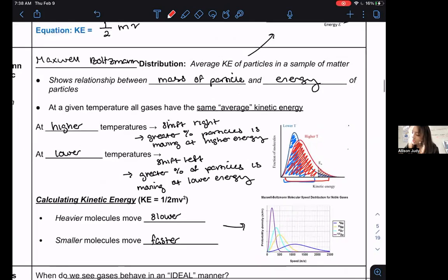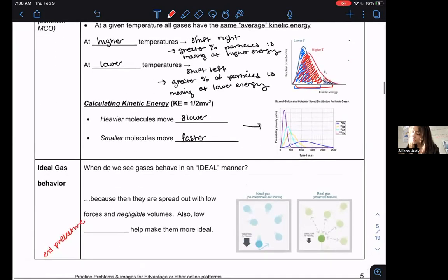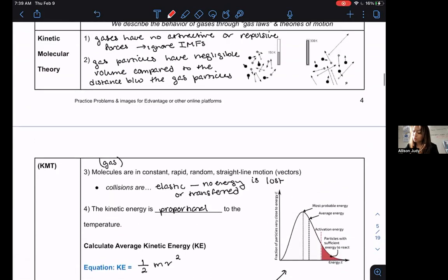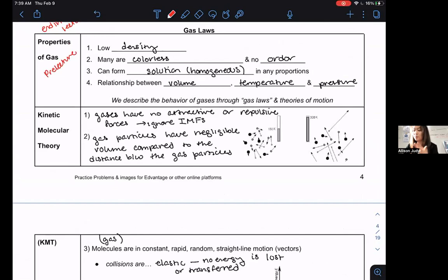Okay. So when do we see gases behave in an ideal manner? There's this law called the ideal gas law, where we take the kinetic molecular theory, and from it, we develop this mathematical equation between the properties of volume, temperature, and pressure with a given amount of gas.